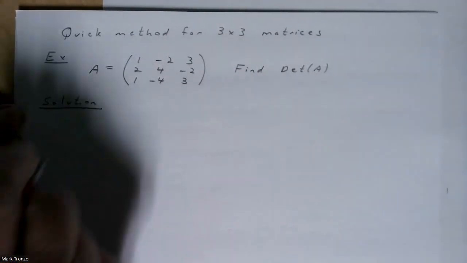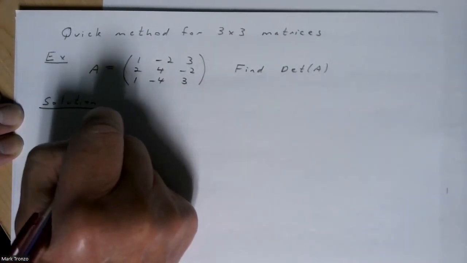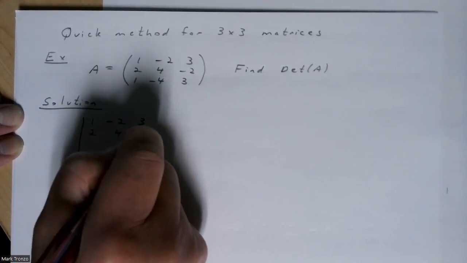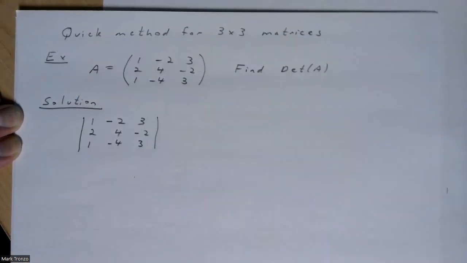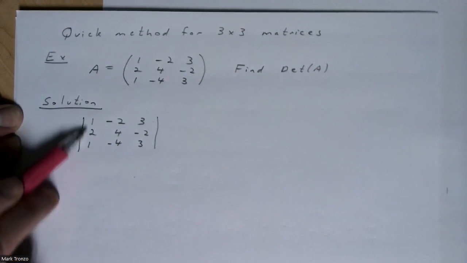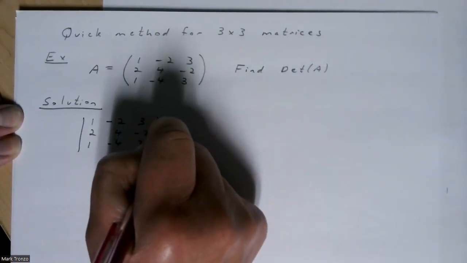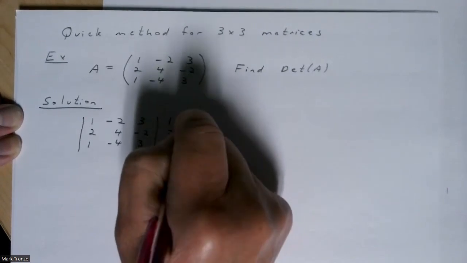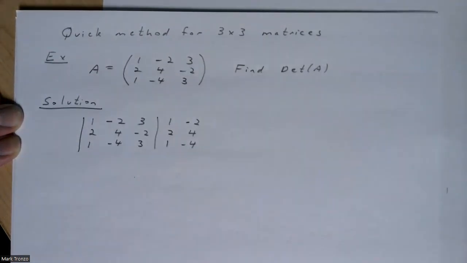And so what we do, write down the matrix, the determinant as we did before, like this. And now repeat this first column over here. So we're going to rewrite this first column right over here. Then do the second column over here. Like that.